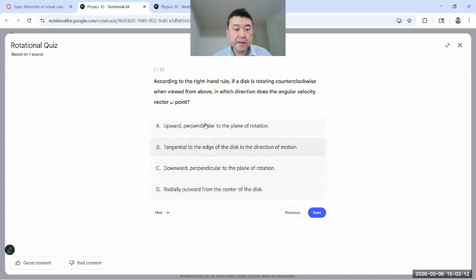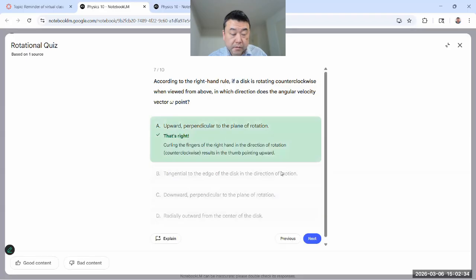According to the right hand rule, the disk is rotating counterclockwise. Counterclockwise, okay, so that means angular velocity points upward. And you're choosing between these two. Yeah, it's upward.